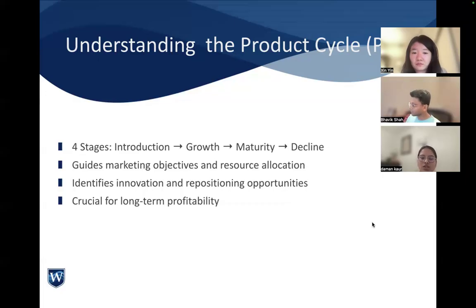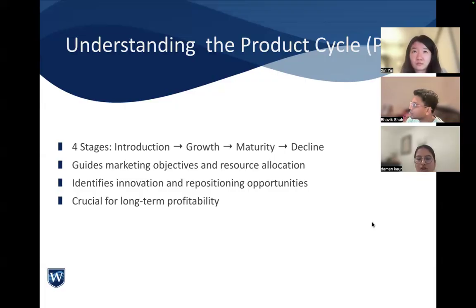The first stage is the introduction stage, in which sales are low, the product is new, market awareness is very low, and the costs are very high. The competition is also limited or nonexistent.